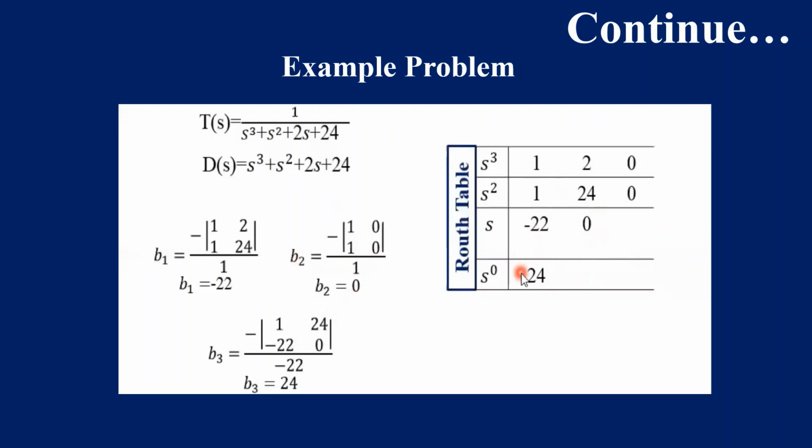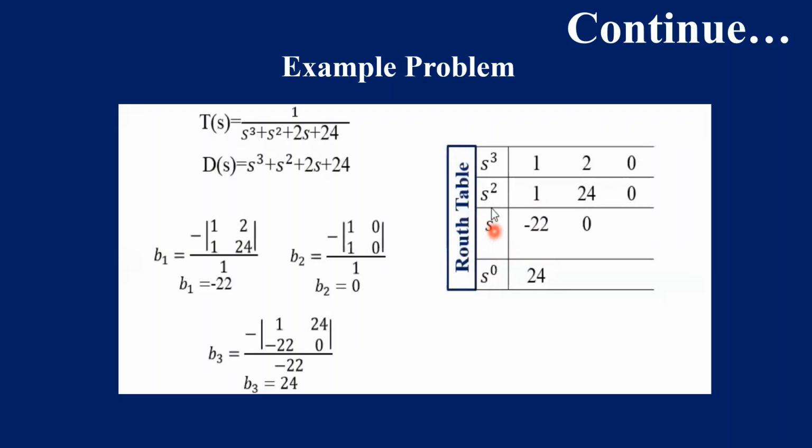After this, how can we write down the 24 in the next row? By taking the negative determinant of 1, 24, then negative 22 and 0, to be divided by this digit minus 22. So we have the value of 24.